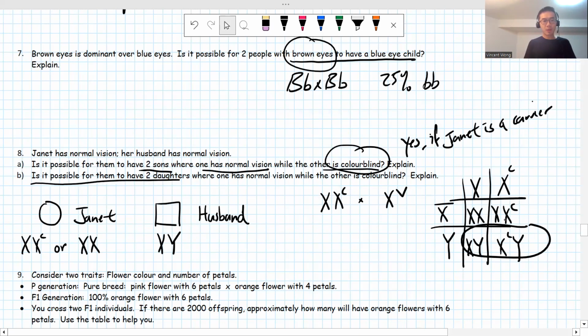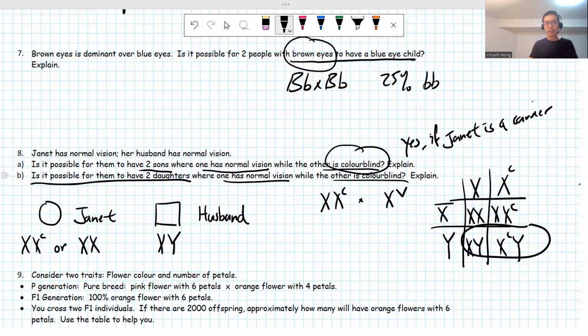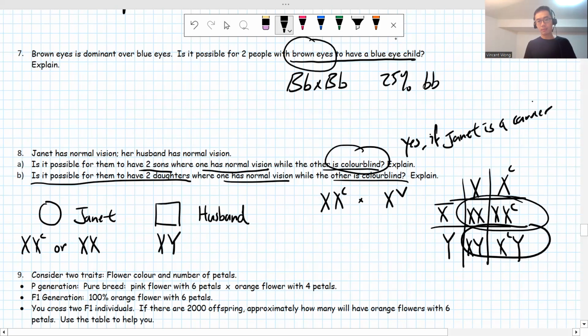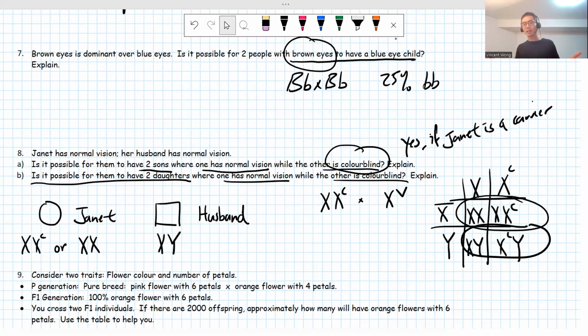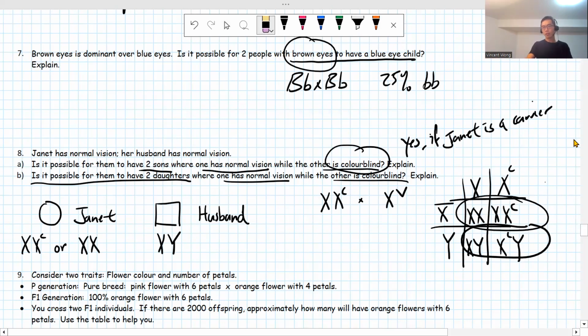How about this? Is it possible for them to have two daughters where one has normal vision and the other is colorblind? If you look at the daughters in this case, none of them is going to be colorblind. It's not possible. Sure, one can be a carrier, but a carrier doesn't make you colorblind.